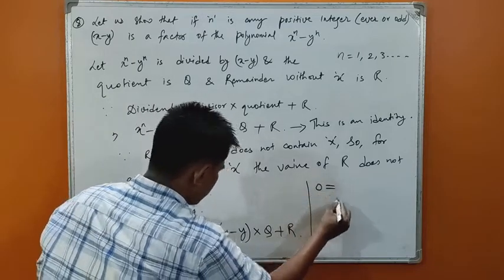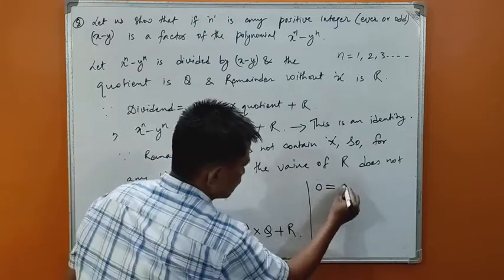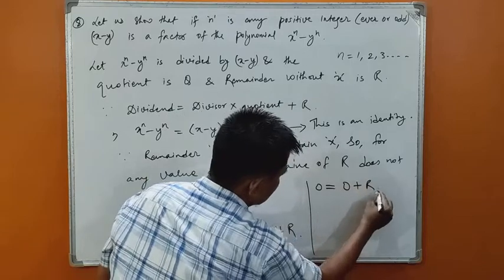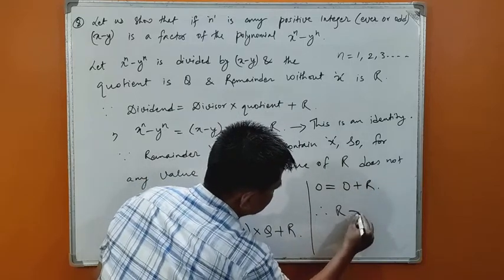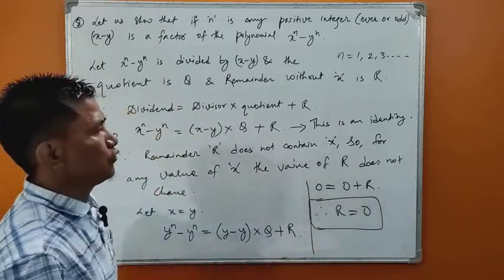So 0 equals y minus y is 0, 0 into q is 0, 0 plus r. Therefore r equals 0, which means we got the remainder to be 0.